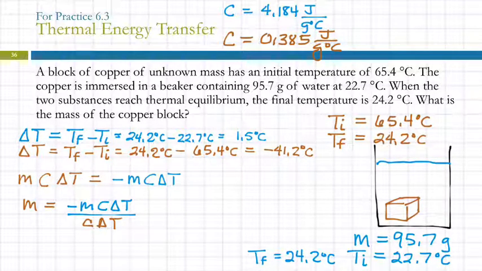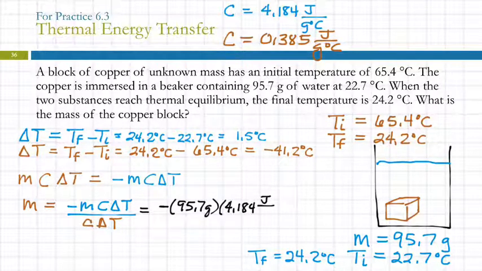So now I'm going to plug my numbers in. I've got a negative sign, and then I need the mass of the water, so that's 95.7 grams. I need the specific heat capacity of water, 4.184 joules per gram degrees Celsius. I need the change in temperature for the water, 22.7 degrees Celsius.